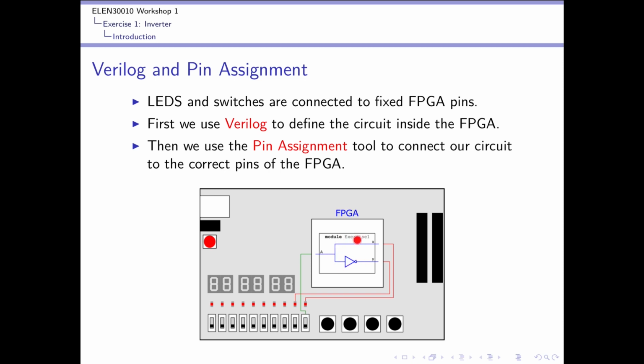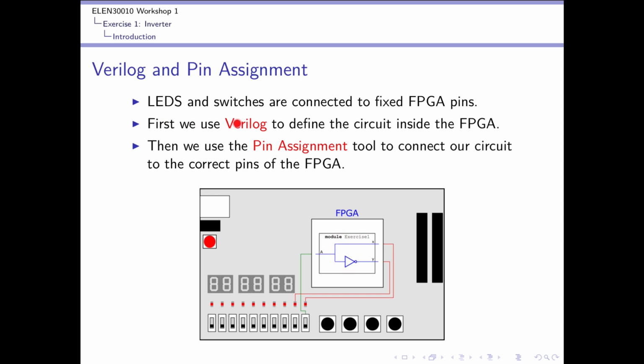That's our digital circuit, and we need to somehow have it connected up to the right pins of the FPGA so that this switch drives the input, this output drives this LED, and that output drives that LED. That has got nothing to do with describing this circuit.